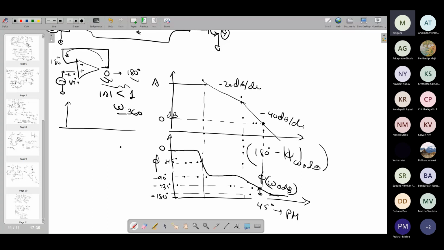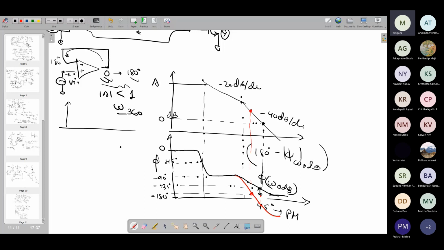Because you have that much margin with respect to phase. If your phase at this point goes lower by more than 45 degrees, then you will be in trouble. Suppose I draw it in another color, if the phase at omega 0 dB is already lower than 180 degrees, that means the point at which it had reached 180 degrees, at that point your gain was greater than 0 dB.